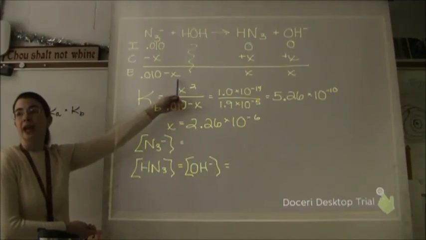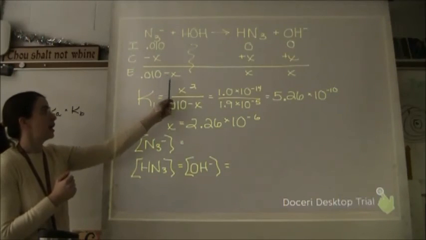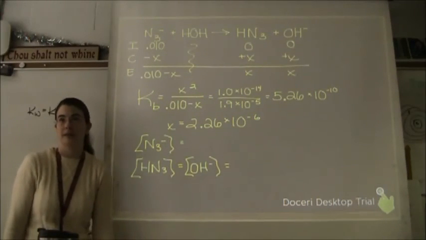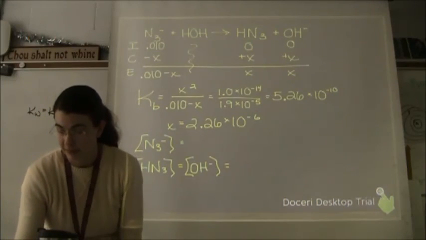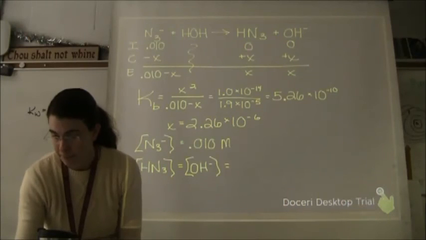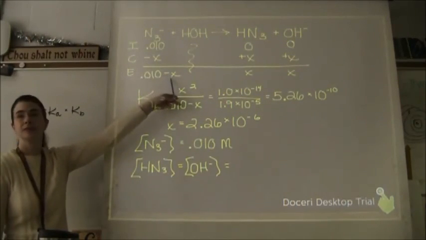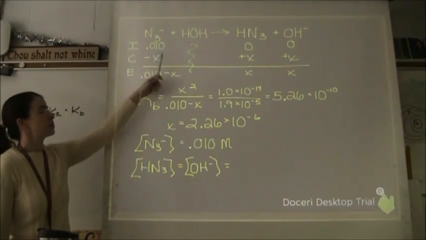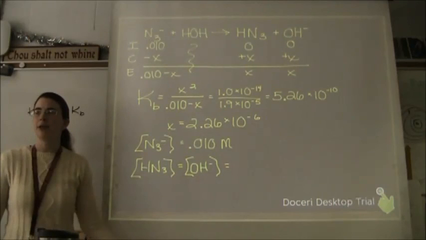Tell me what you get if you round to 2 sig figs. This minus that number. Tell me what you get. Yeah. You get the same answer. Just because I got the same answer, does that mean that this reaction never happened?